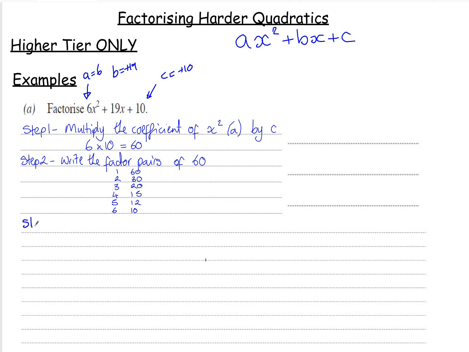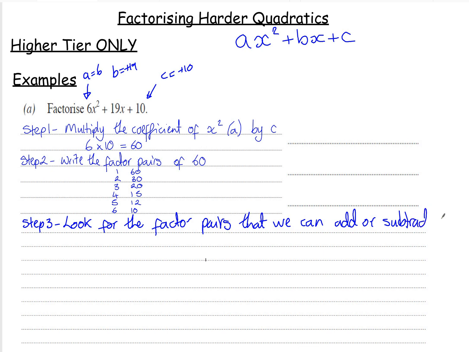So step 3, we need to look for the factor pairs that we can add or subtract to give our b. And in this case, it's going to be plus 19.